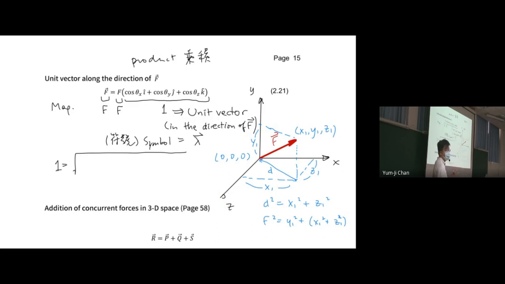So using the same logic, 1 is equal to the square root of cosine square of theta x plus cosine square of theta y plus cosine square of theta z.